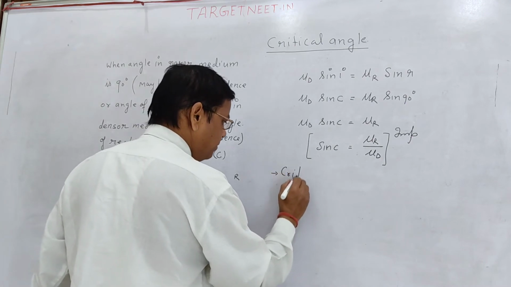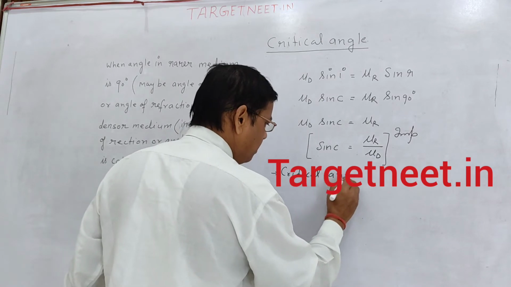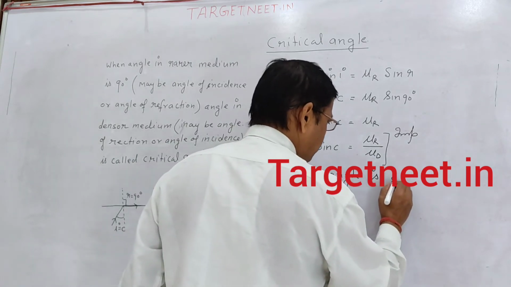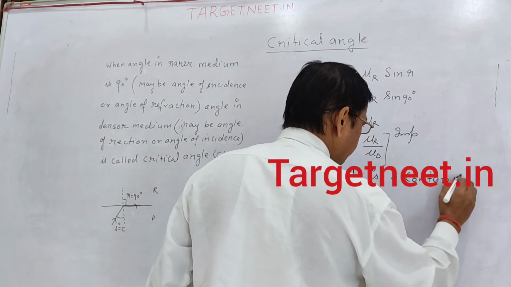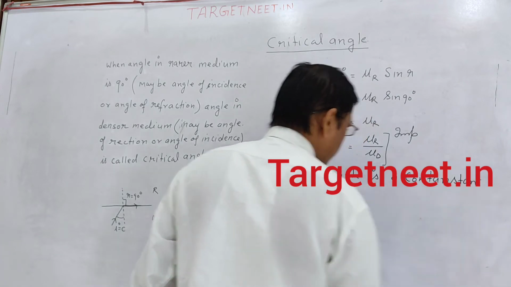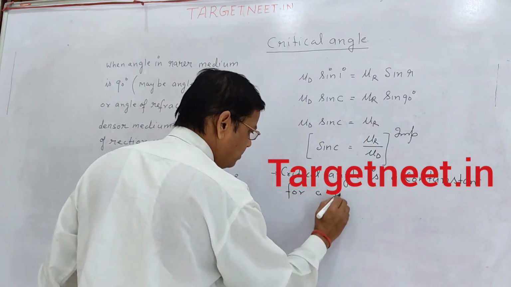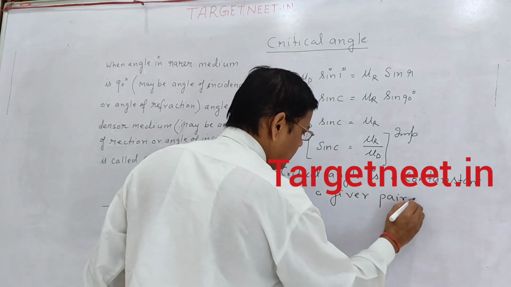Critical angle is a constant for a given pair of media.